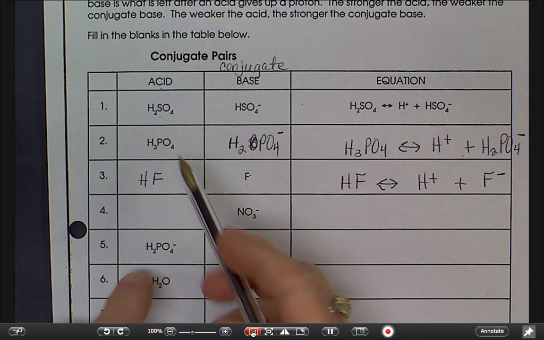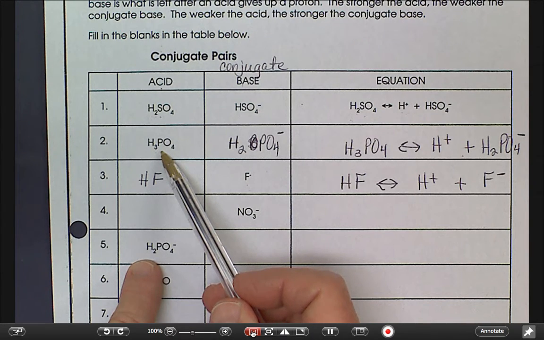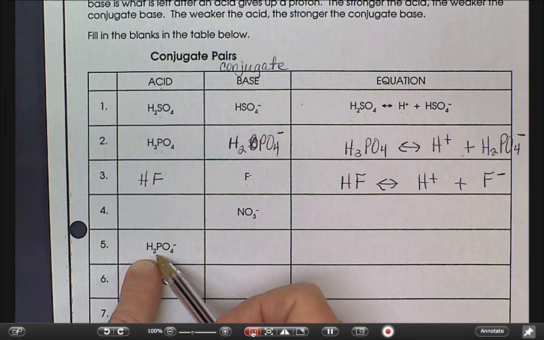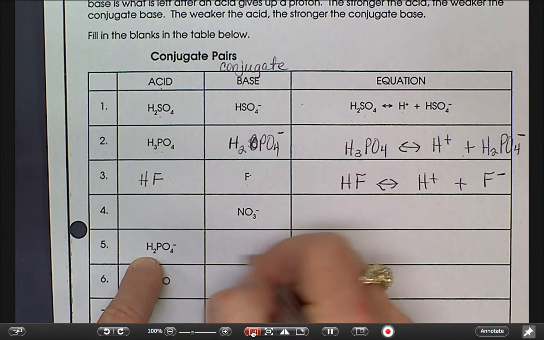Okay. Everybody look. Look at number 2 and number 5. Can you make the connections? I told you that they lose their H in a process, in steps. Not all 3 at once. Does that make sense? Okay. So now, what's going to be left?